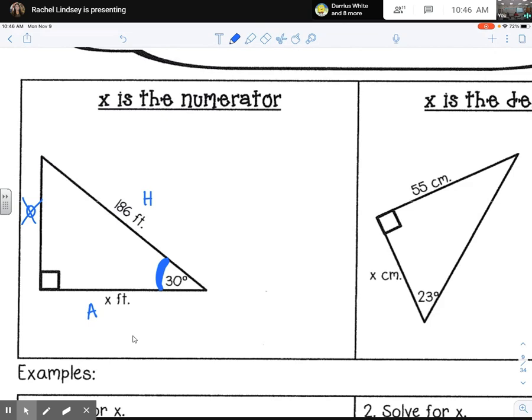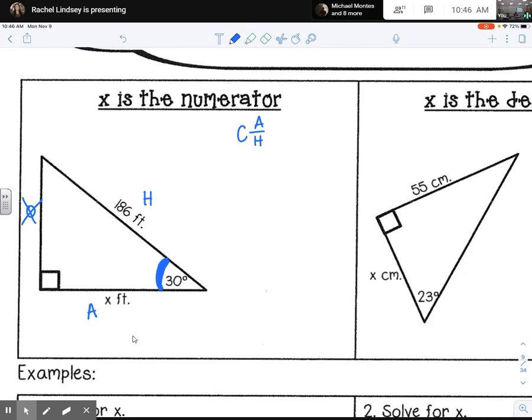Which trig ratio has A and H in it? So far, TOA. C, oh, CAH. Cosine. So that is our trig ratio we're going to use. So we labeled our sides, we found our trig ratio. Now we're going to set up an equation.